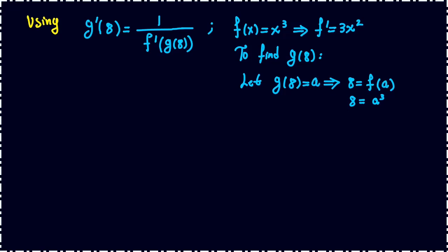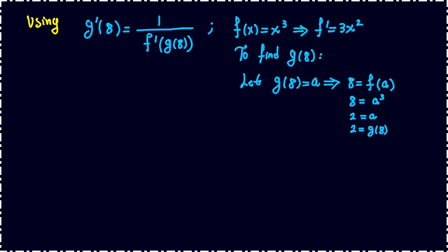The cube root of 8 is 2. So what we just found is g of 8. We call g of 8 a, and a is 2.